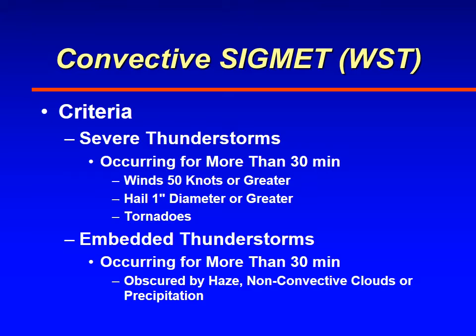Any one of those things makes the thunderstorm severe. Embedded thunderstorms are ones which are hidden by haze or clouds or precipitation. So that's another criterion. If the thunderstorms are embedded, a convective SIGMET will go out for them.